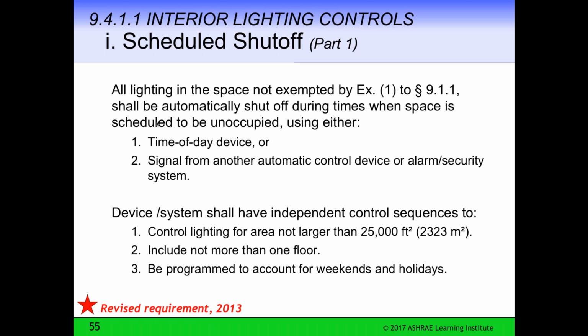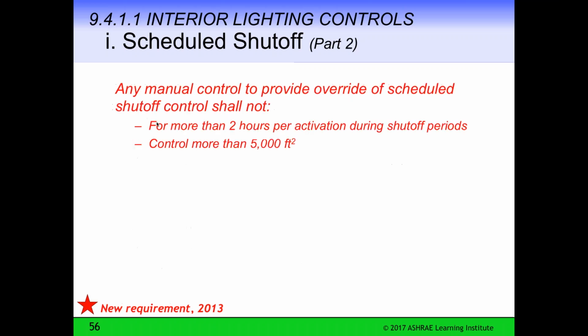So if we're in an office building and the 10th floor has an open office landscape, and the schedule on the 10th floor is that everybody leaves at 5:30, then there can be a time of day device that turns off the lighting in that space at 5:30 or 6. And that device shall have independent control sequences, so it's not controlling more than 25,000 square feet, not controlling more than one floor, and be programmed to account for weekdays and holidays.